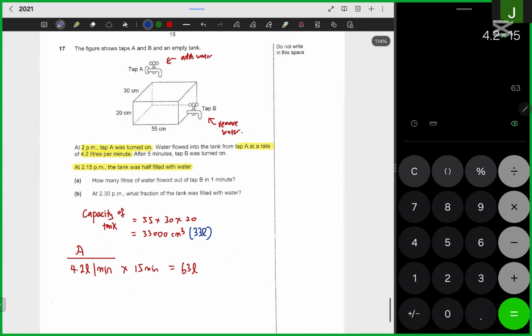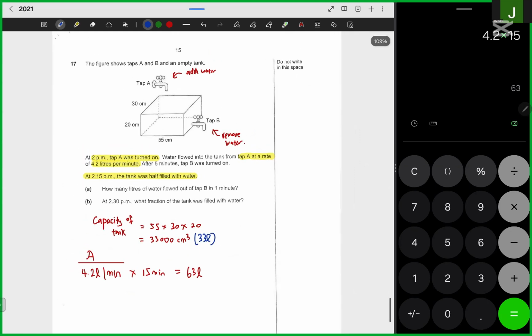Means what? Did the tank overflow? No. In fact, they tell me that the tank was half filled. Only half filled, right? Which means that tap B must be removing water faster than A. This is logic.